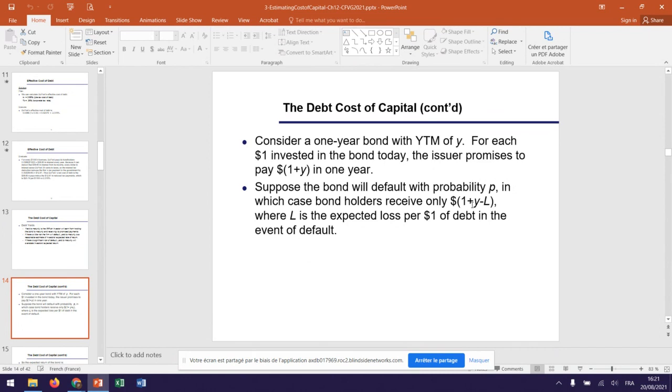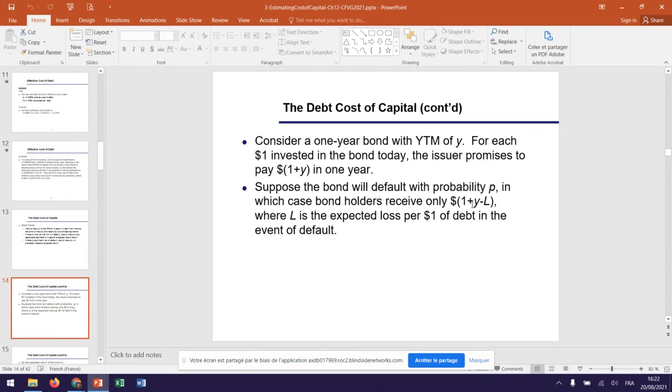Suppose the bond will default with a probability of P, in which case a bondholder receives only 1 plus Y minus L. What is the L?